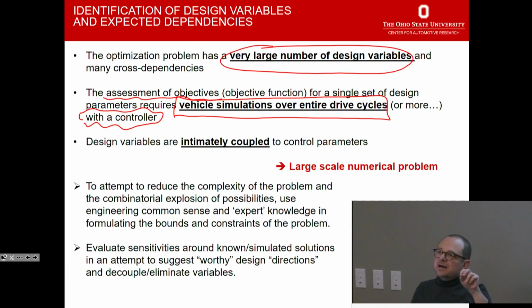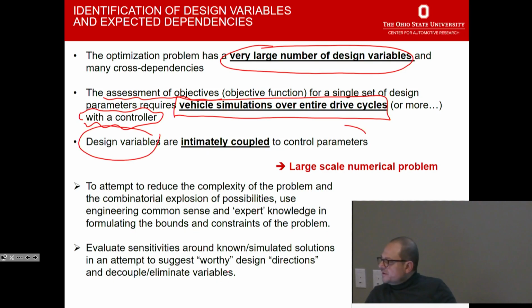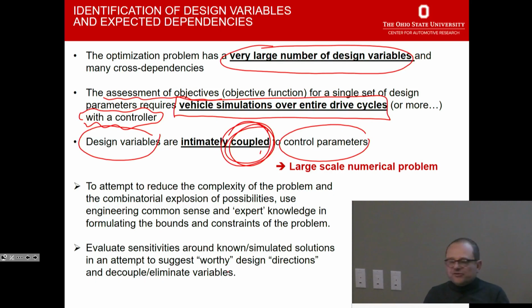So for every architecture that I have selected, I have to have a controller that is good for that architecture. I can't just put in some random controller because, as I said before, if the controller doesn't do the right job, then you will not know how good your architecture is. And the design variables and the control parameters are very strongly coupled. So that means that when you put all these things together, you have a large-scale numerical problem.